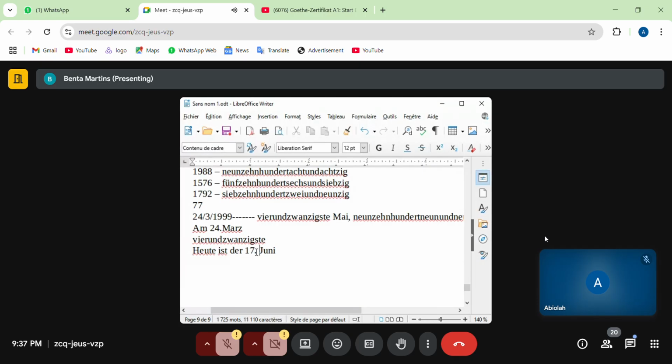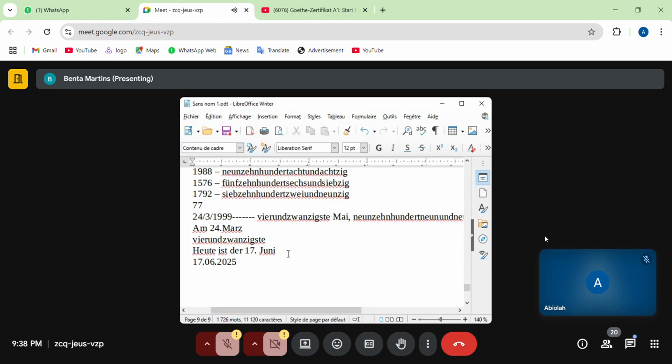Okay. So mostly in German, like the date itself, like the one Catherine had given us, in this case we're going to write it as maybe 17th June 2025.